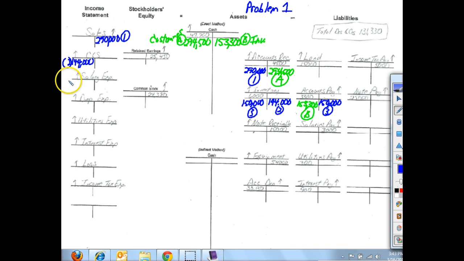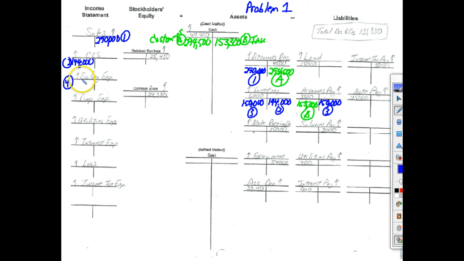Okay, salary expense was $92,000. And then I look to see what's a related account over here, and we have salaries payable. Then we can solve for the cash paid for salaries. That would be C. Cash paid for salaries would be $89,000.